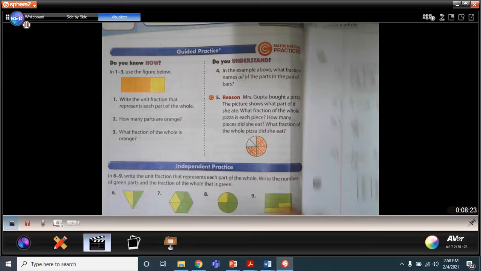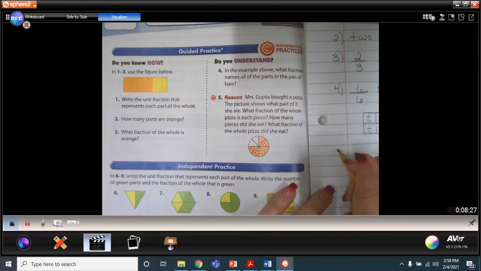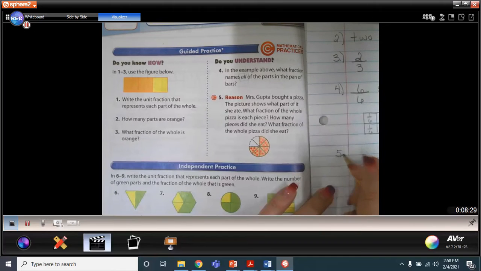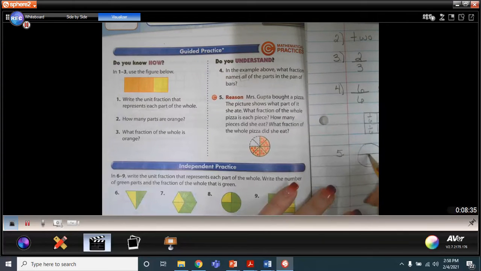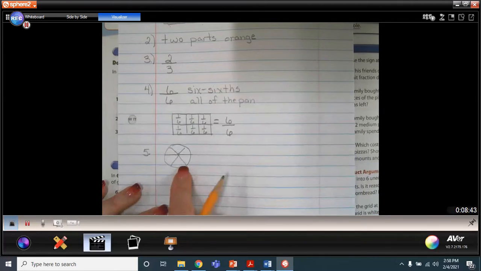That means that if I were going to take this pizza, and I'm just going to show you here, if I draw this pizza on my paper and I was going to label each piece, how would I label each one of these pieces? What would I name each one of these pieces?